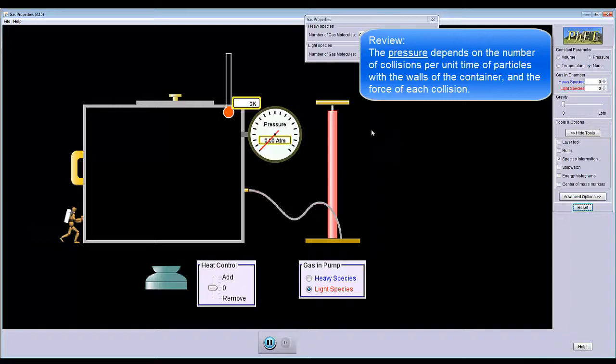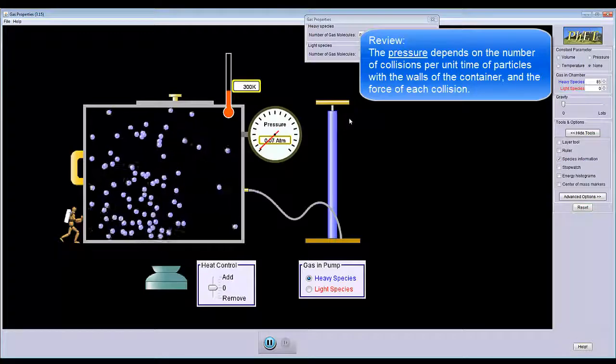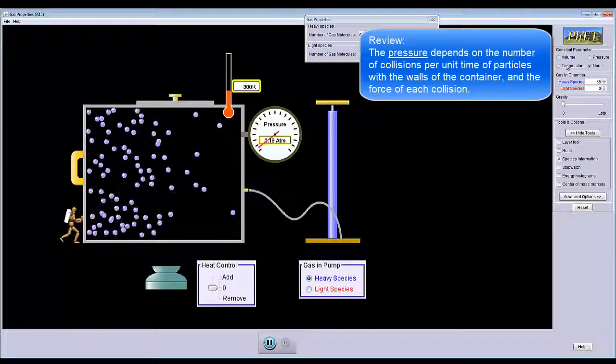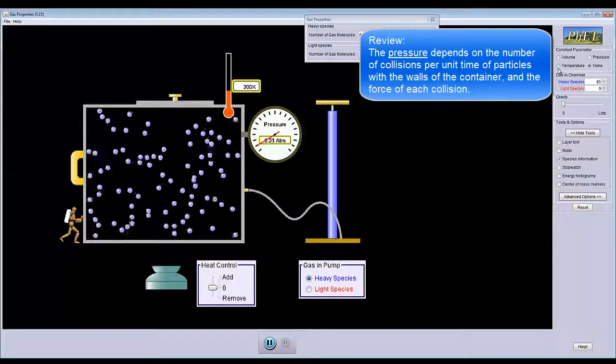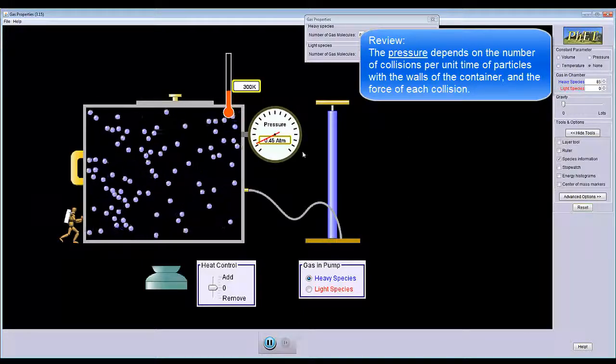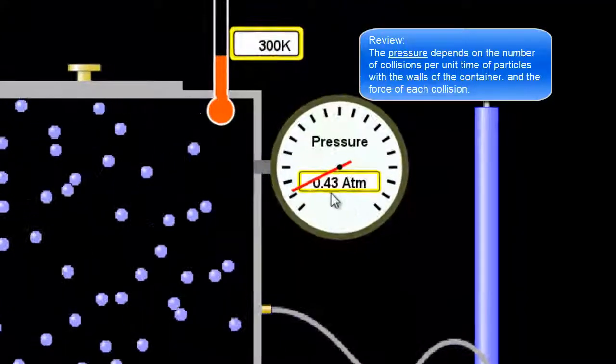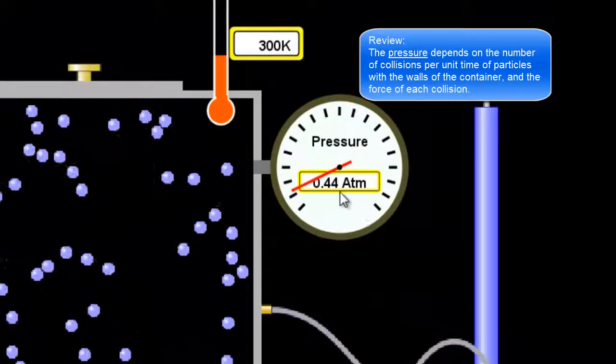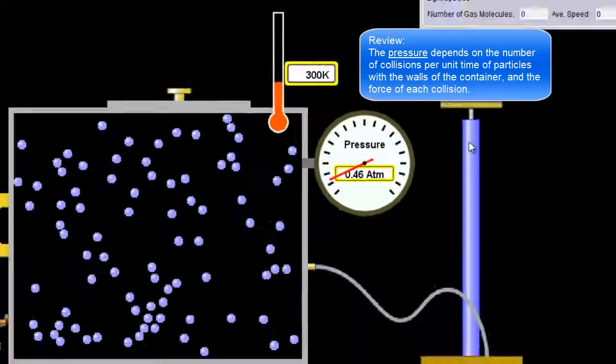So firstly, the first thing that we can change here is the number of molecules, n. So if I pump in a bunch of molecules here, and we keep the volume and temperature constant, and we have a look at the pressure here. So we currently have a pressure of 0.45 atmospheres roughly.